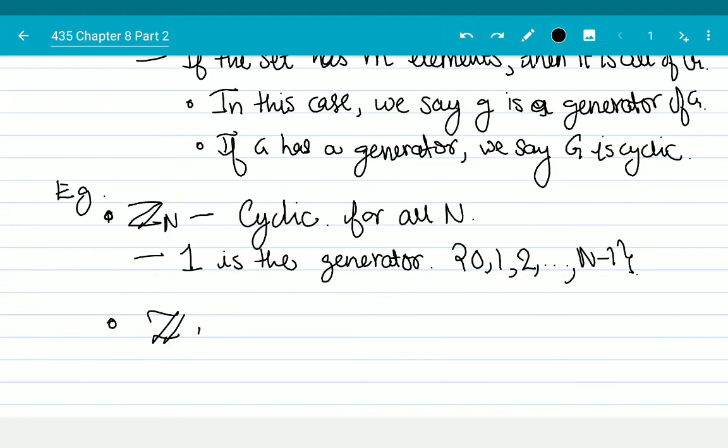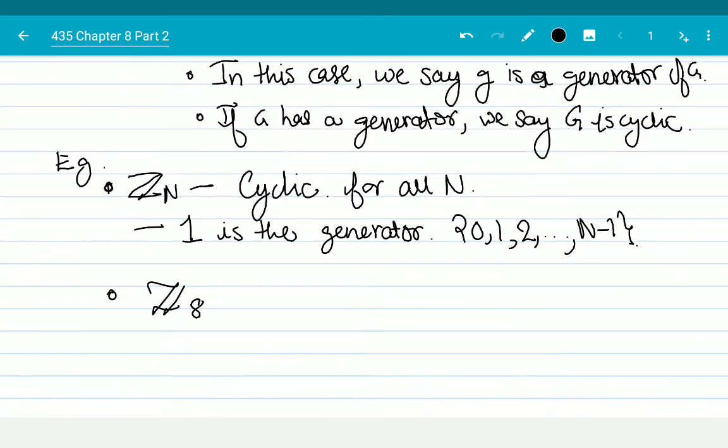So, for example, let us look at Z8. 1 is a generator. Is 3 a generator?